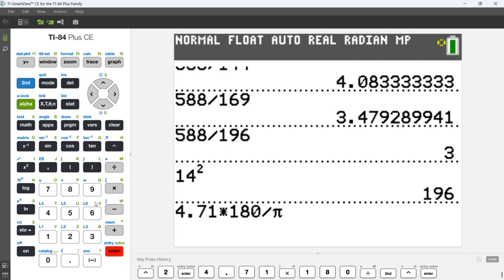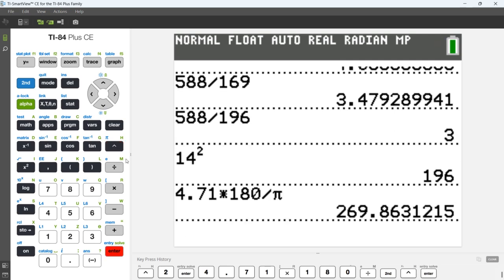So the final answer here is 269.86. And for reasons that I'll explain in just a second, it didn't say what to round to. And normally by default, I tend to round to 2 decimal places. But on this specific problem, I'm actually going to round to the nearest whole number. So the nearest whole number here is 270.